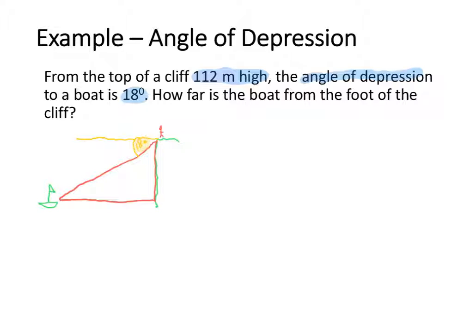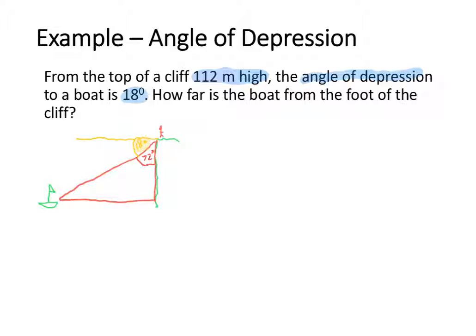Now, my triangle that I've formed does not include the angle of depression, so I need to add in what that angle is going to be, and I can do that by calculating 90 minus 18, which is 72. So I've now added in my angle of depression and used that to calculate my angle within my triangle.